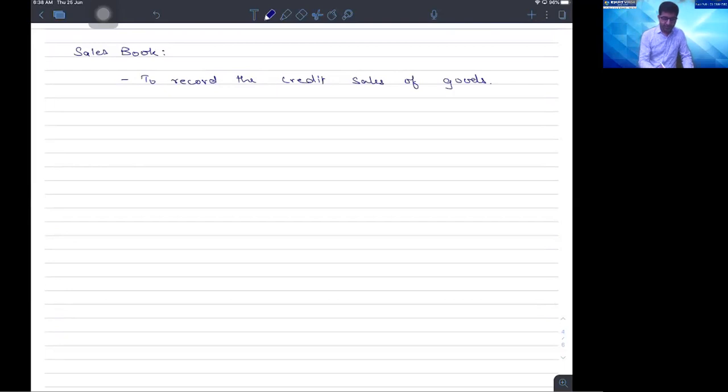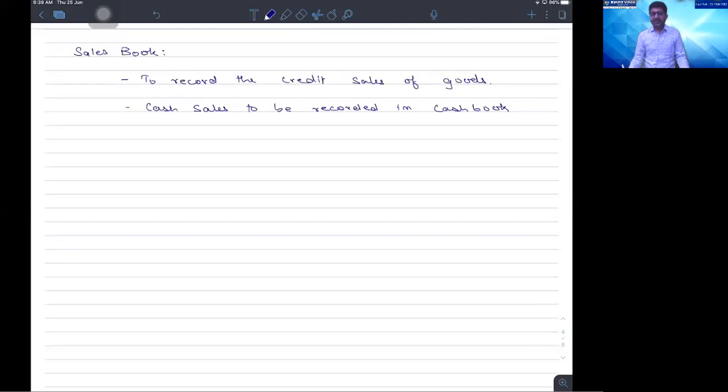Similarly, cash sales, similar to purchase book, to be recorded in cash book. And on top of that, if there is a sale of asset, whether it is for cash or credit, it will never come in my sales book because sales book includes only the sale of goods.